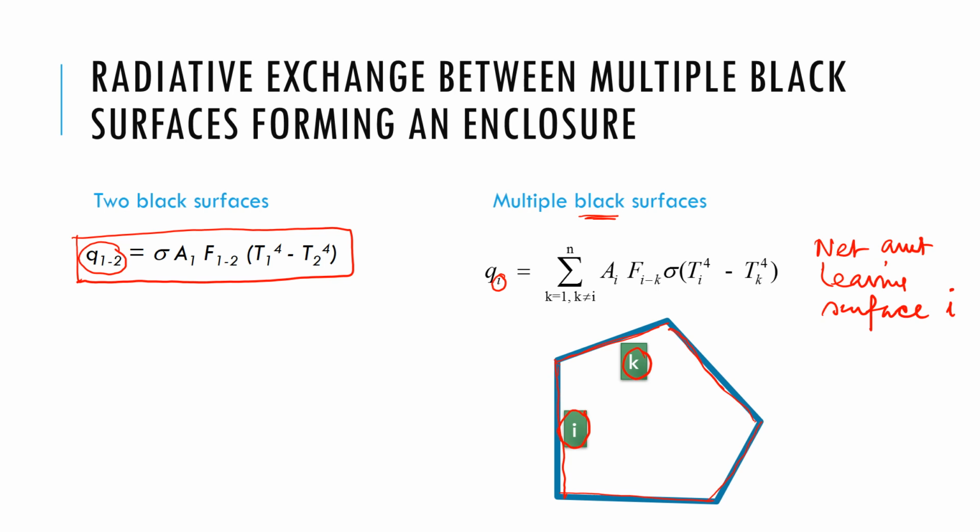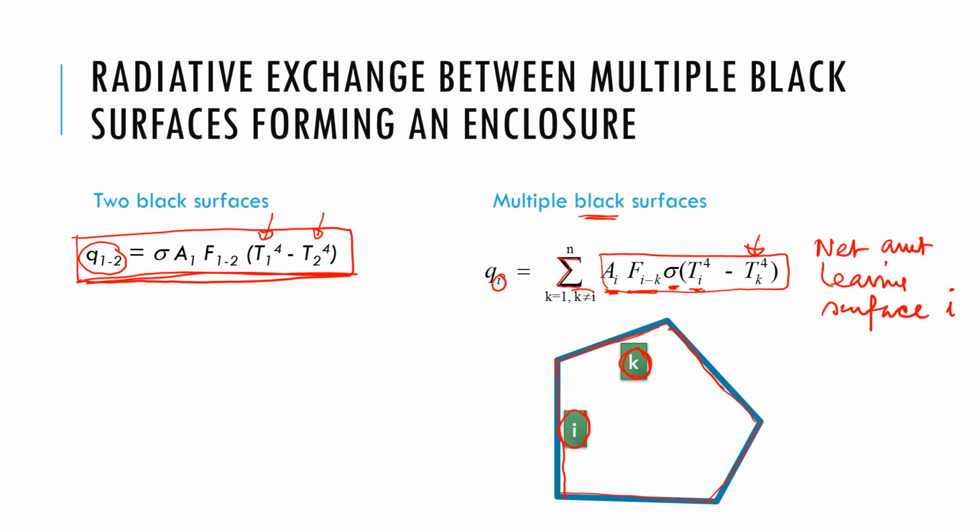Following this equation, it will be sigma times Ai times the view factor F between i and k, times Ti raised to the power 4, like T1, minus Tk raised to the power 4, like T2. So this would be between i and k, and we just sum them up over all the surfaces.